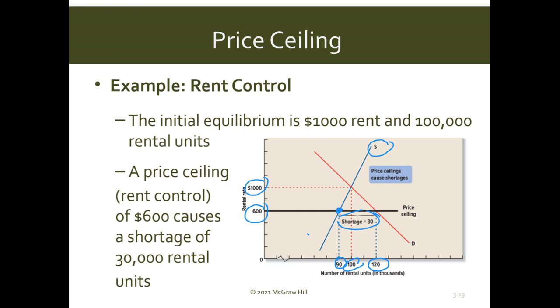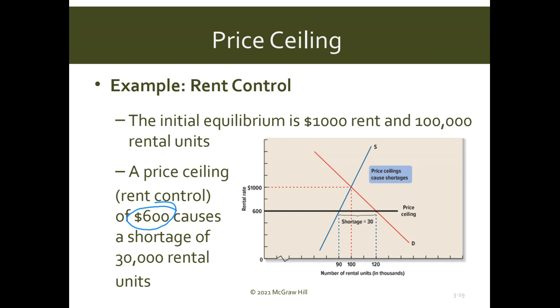Okay. Now, my question is, suppose you have the same rental market here, and now the government decides to put a price ceiling, and suppose instead of $600, the government puts a ceiling at $1,200.